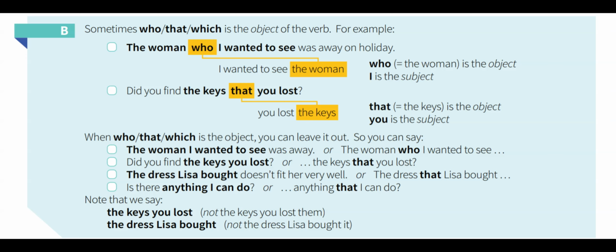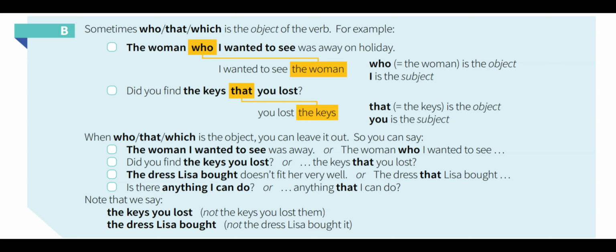So sometimes we can leave out who, that, or which in a case like this. For example, if I say, the woman who I wanted to see was away on holiday, I could just say, I wanted to see her, but she was on holiday.